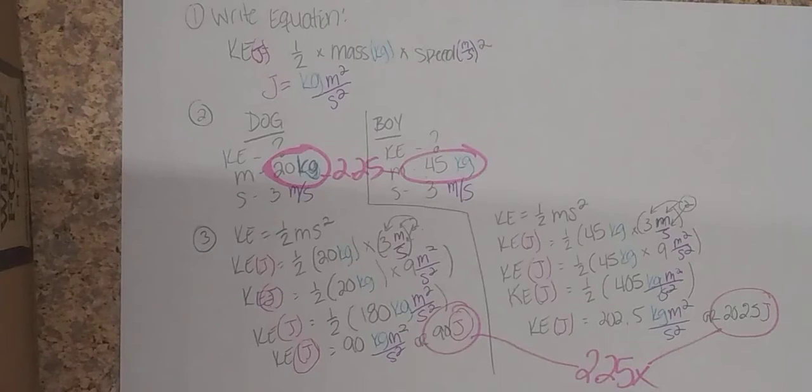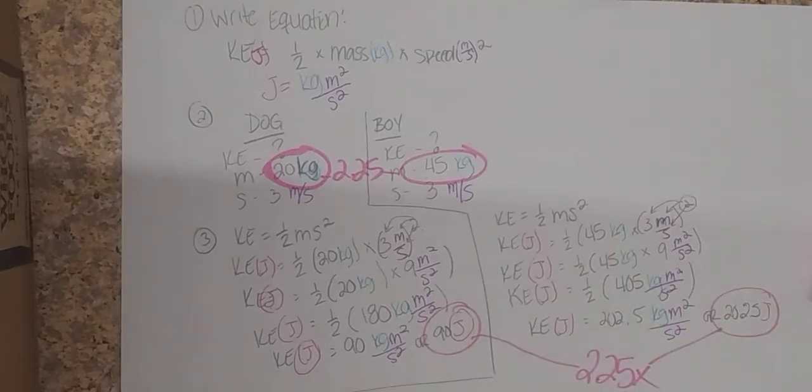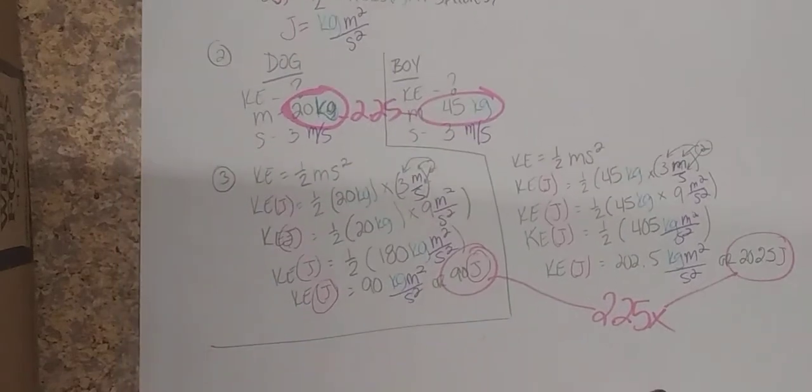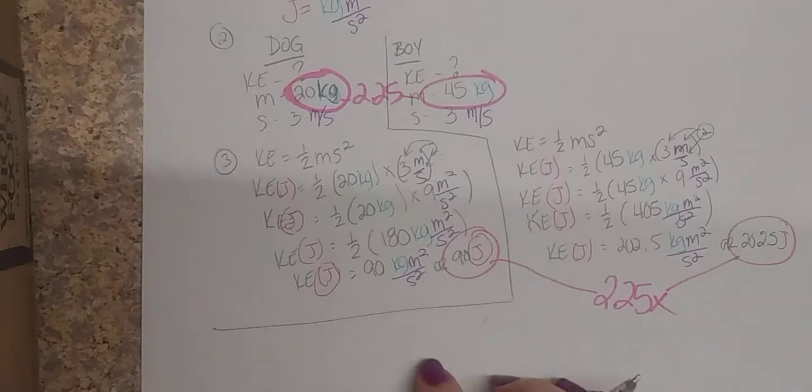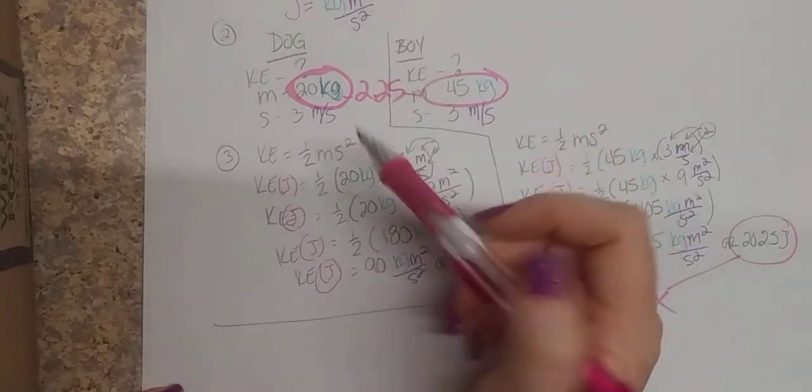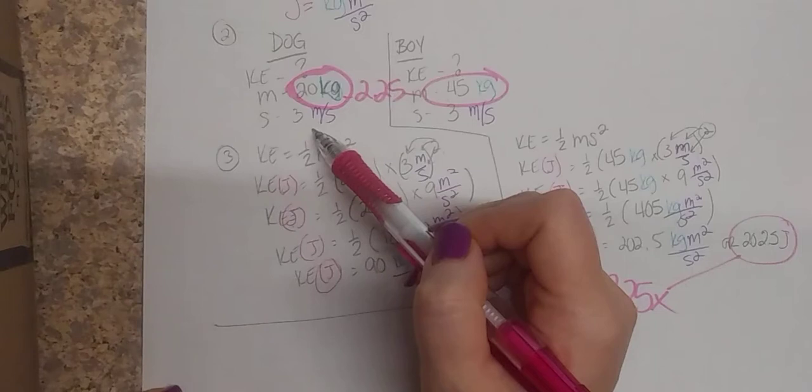So now let's move on to see how the speed of the dog changes. So now in the book number 2, it suggests that the dog now speeds up and goes at 6 meters per second. So I'm going to change this, is now going to be 6 meters per second.